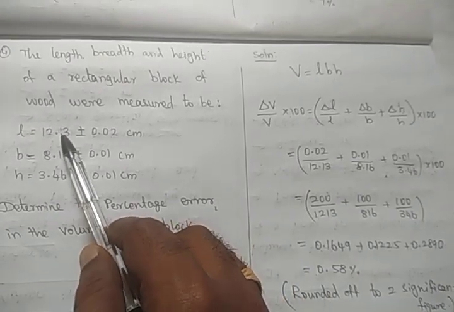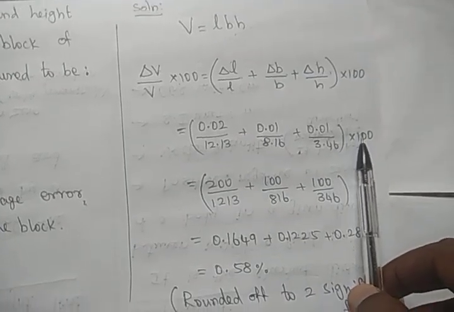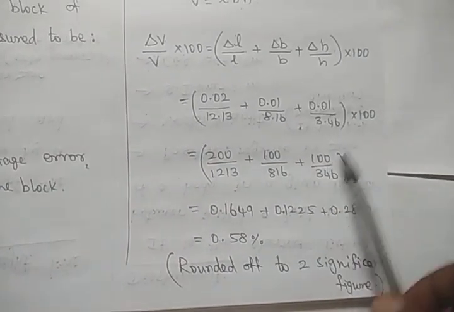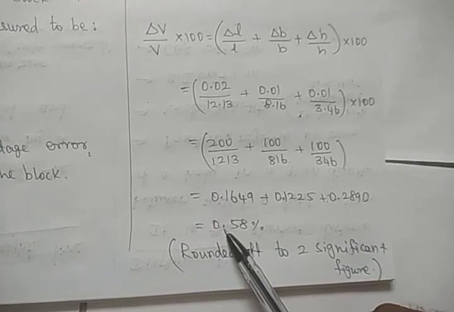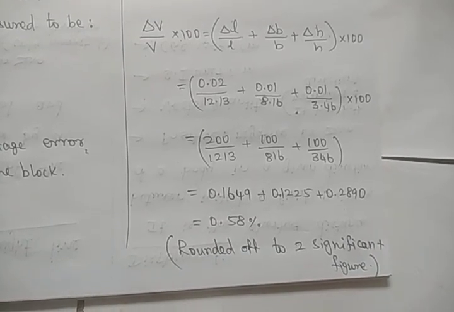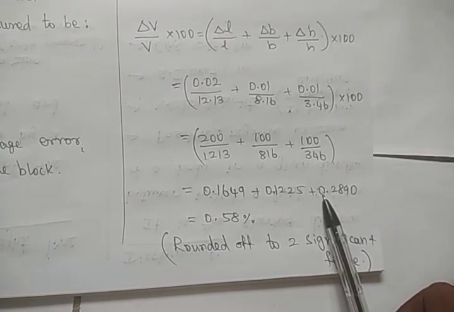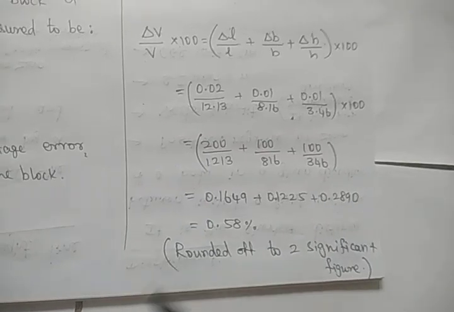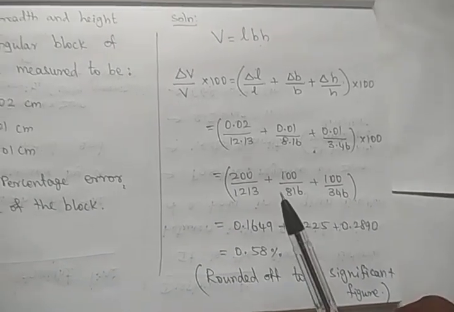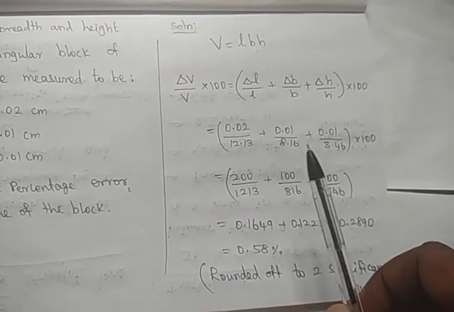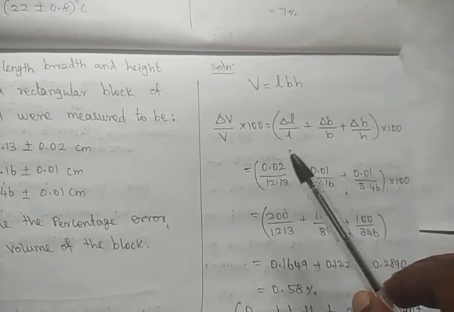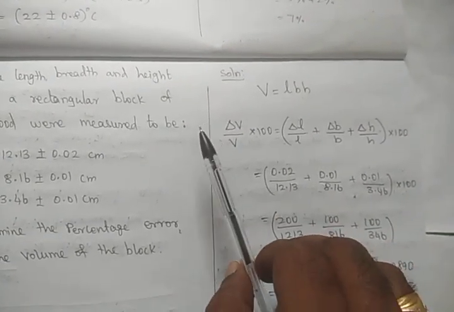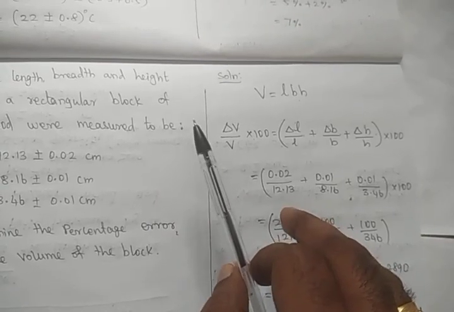As usual, L, B and H we substitute here into 100. By simplifying these equations, we get the answer 0.58%. So we get four-digit decimal points, and we have to round up to 2 significant figures. So listen, students, are you clear? If you are very clear about the formulas, these error problems are very easy to score good marks.